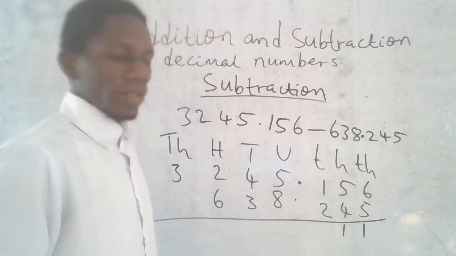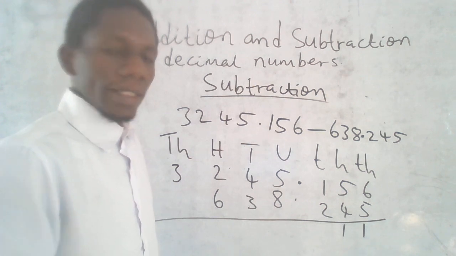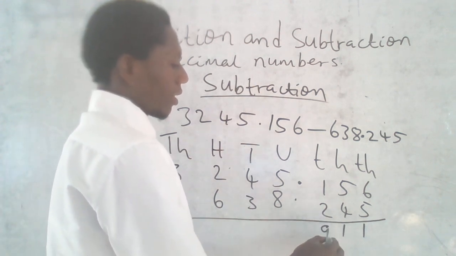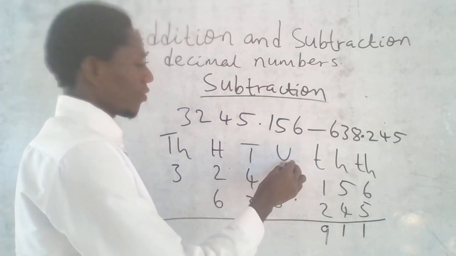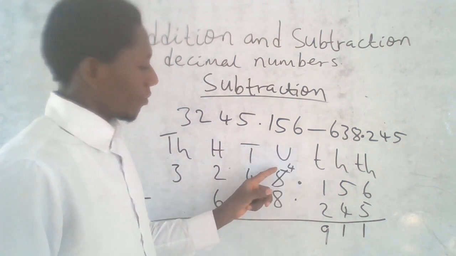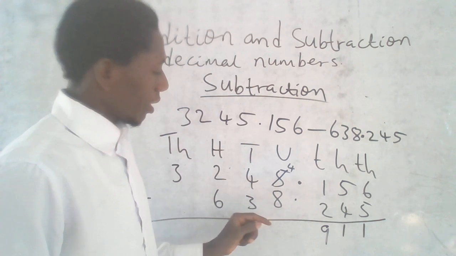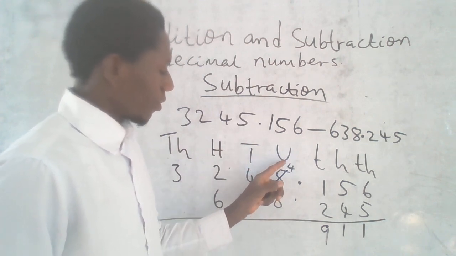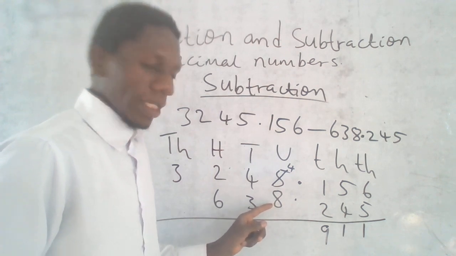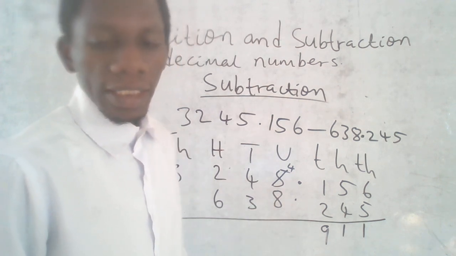And 11 minus 2 is 9. So you will have 9. Then here, this place becomes 4. And 4 cannot subtract 8, so you also borrow. You borrow 1 here, it's 14. 14 minus 8 is 6.